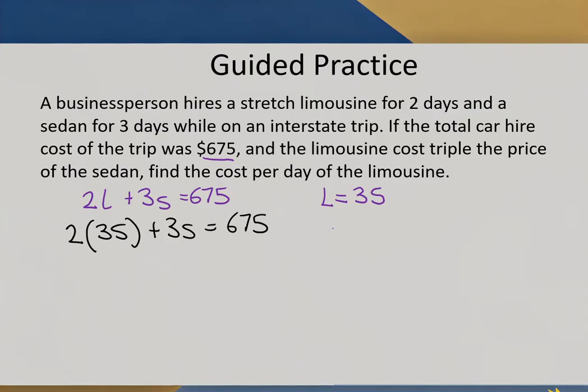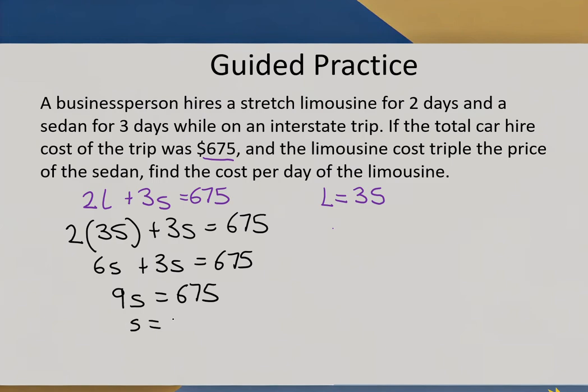I can simplify that. 2 lots of 3S's is 6S. So 6S plus 3S equals 675. How many S's do I have? 9. So 9S is equal to 675. The last thing I need to do is divide everything by 9 to find out what the sedan cost is.